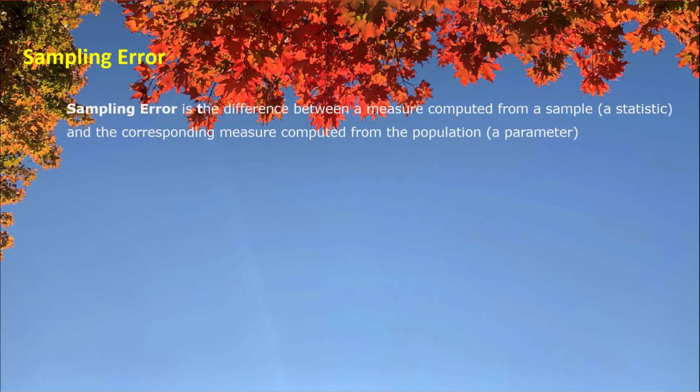Sampling error is the difference between a measure computed from a sample and the corresponding measure computed from the population. If we consider average value, then the sampling error comes from the difference between sample mean and population mean.